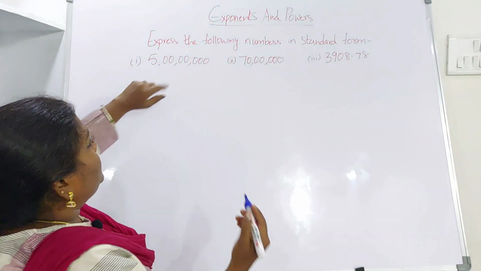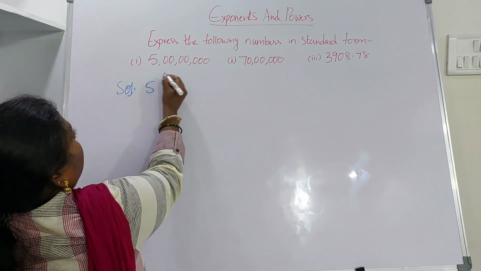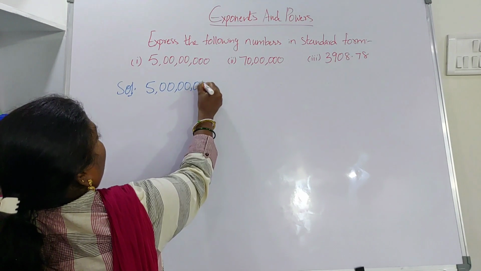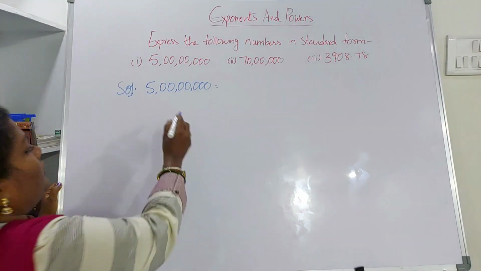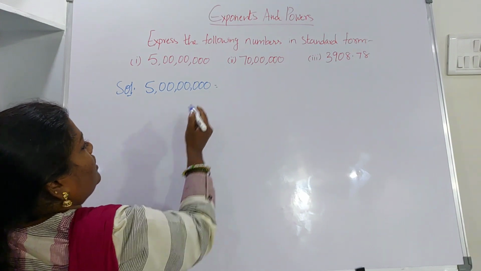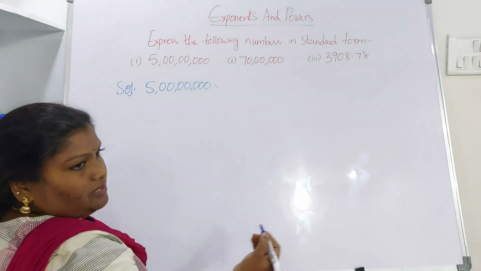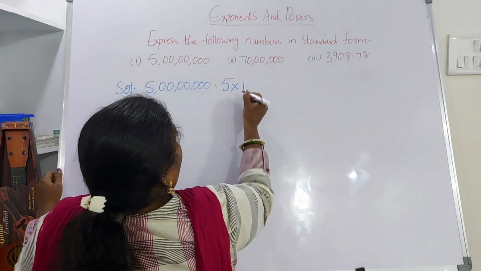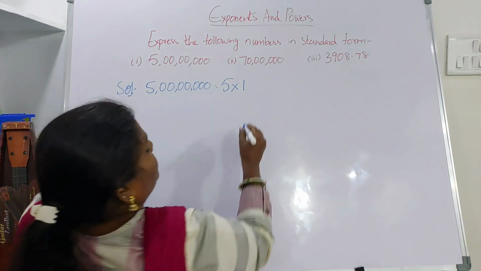Now let me explain the first one. Here 5 followed by 7 zeros. I am going to write in expanded form 5 into 1 followed by 7 zeros.